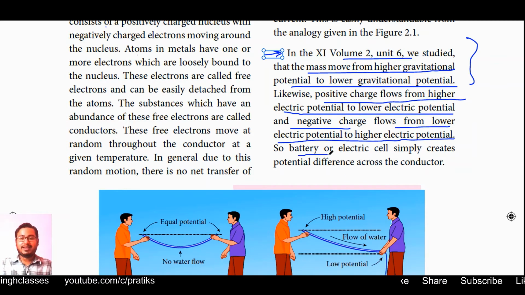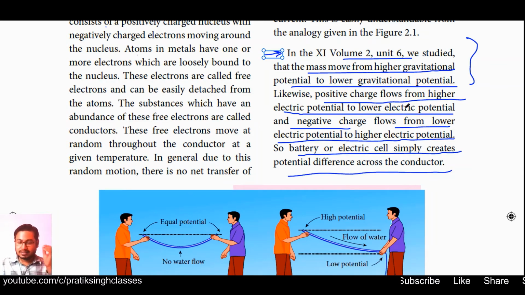So a battery or electric cell simply creates a potential difference across the conductor, and because of that the charges move in a particular direction. Always remember that charges outside the battery move from the negative terminal to the positive terminal, but inside the battery they move from the positive terminal to the negative terminal, and this charge is the negative charge.